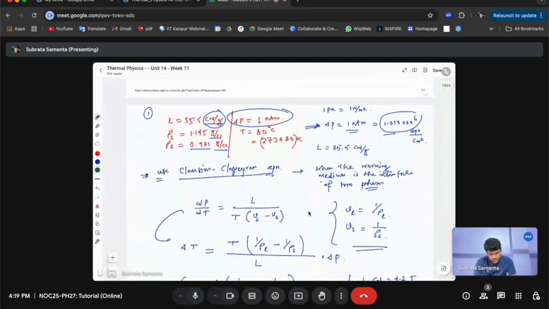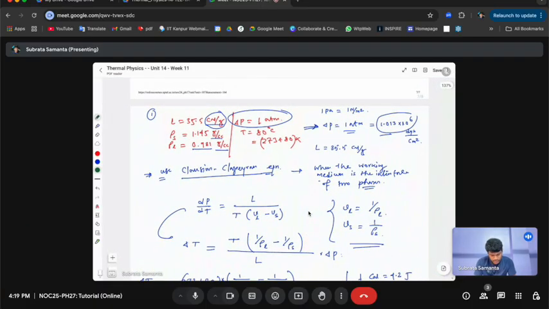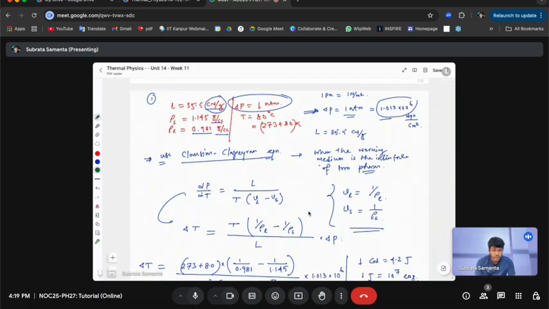So this is very straightforward. All the data is given, so use the Clausius-Clapeyron equation to calculate delta T, the change in melting point temperature, where the change in pressure is given as 1 atm. The density is given, so convert density to volume, and be consistent with the units.